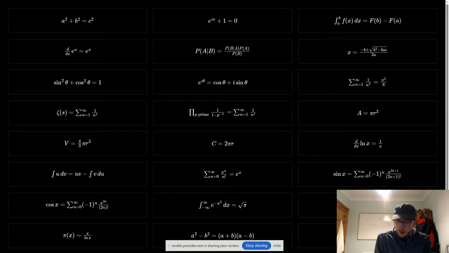What takes care of the y would be not y to the 7, but instead y to the 6. And what takes care of the x would be x to the n minus 6.